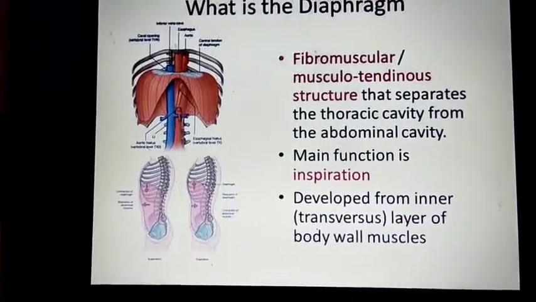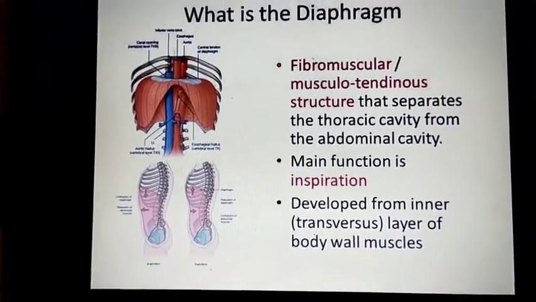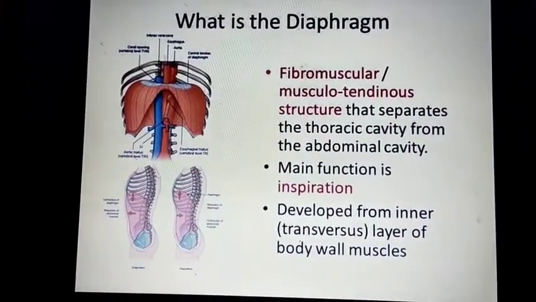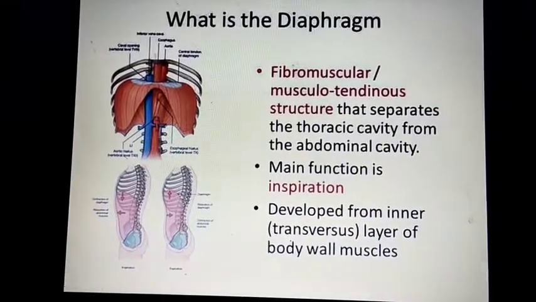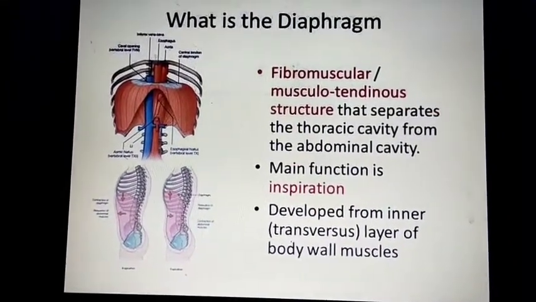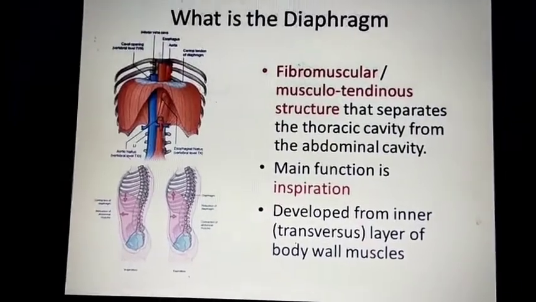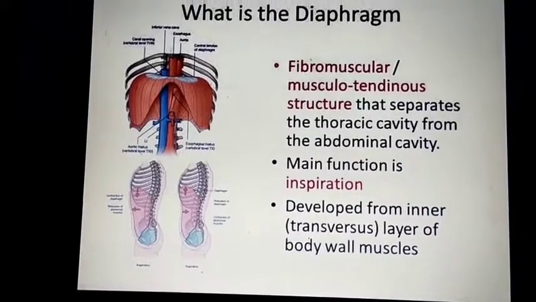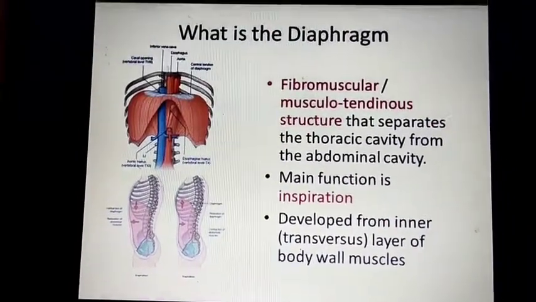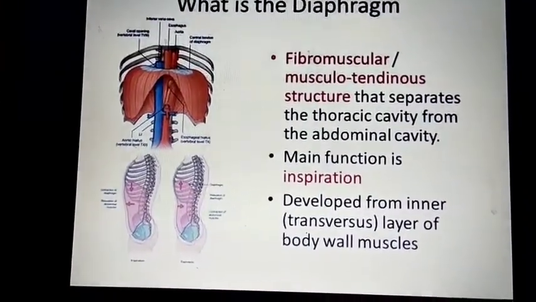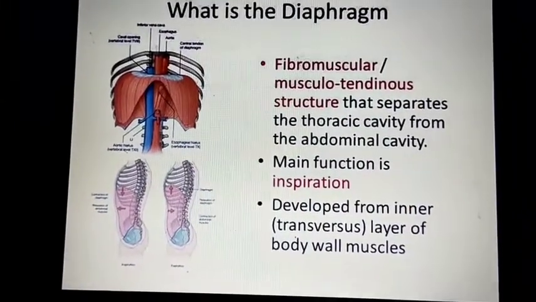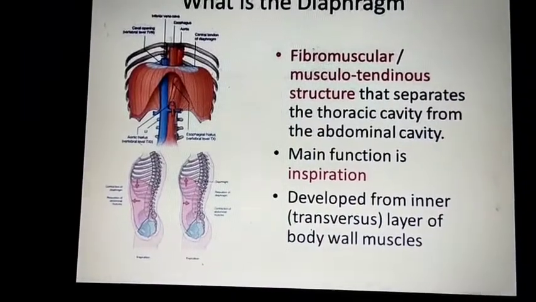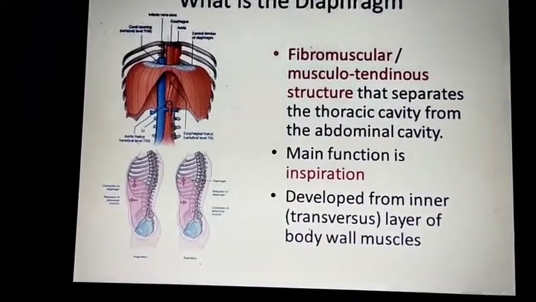Because of the movement of the diaphragm, the downward or upward movement, the contraction or relaxation of the fibromuscular or tendinous structure, negative pressure and positive pressure are developed in the thoracic cavity, and because of that respiration occurs. When it goes down, negative pressure forms in the lungs, and at that time it helps in inspiration.